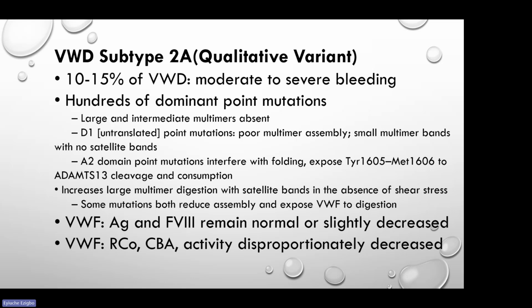These are functional assays when we want to evaluate von Willebrand factor in the lab: the ristocetin cofactor assay and the collagen binding assay. These are functional assays of von Willebrand factor, and ristocetin cofactor and collagen binding activity are disproportionately decreased.